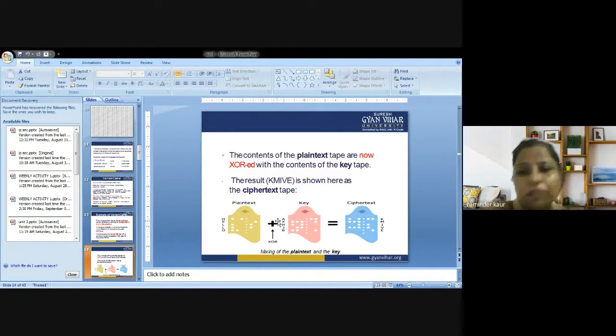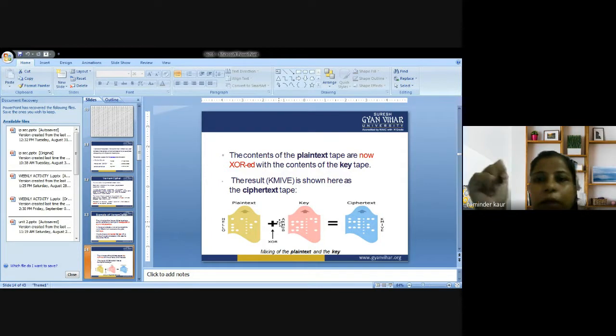So H plus A, you can do it mathematically, practically. H plus A is equal to K, and E plus X is equal to M, because here the number is greater than 26. L plus H is equal to I. It is not the case that you are going to apply plain text plus key directly.